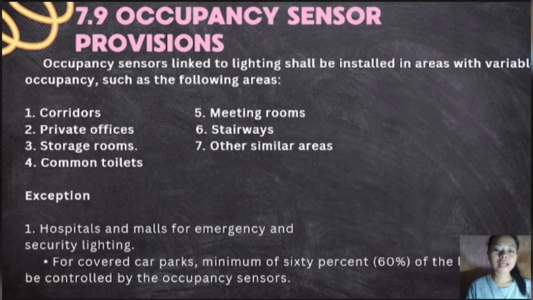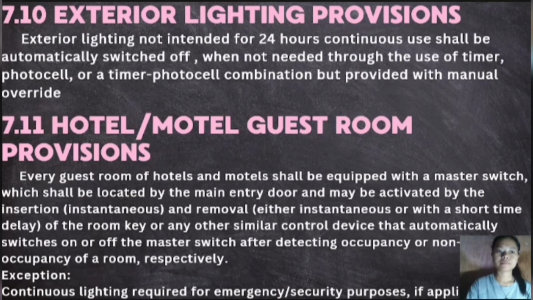Hospitals and malls lighting on parking areas must have at least 60% lighting controlled by exterior lighting controls. Outside lights are not necessary at certain times.